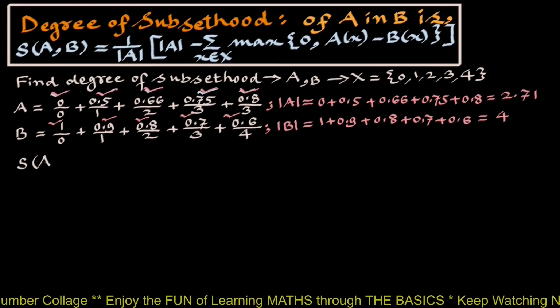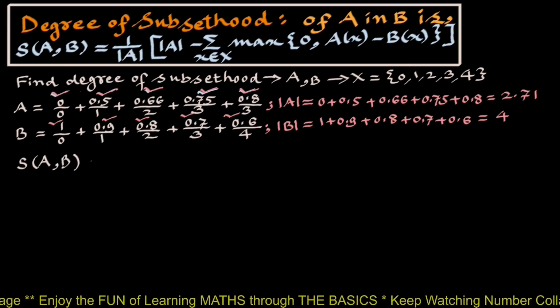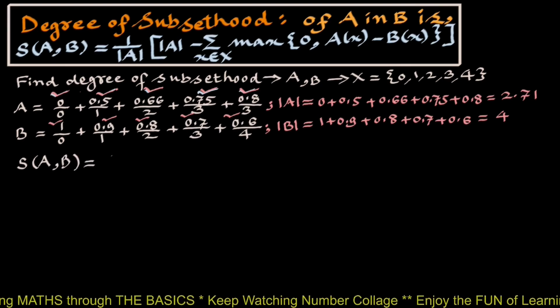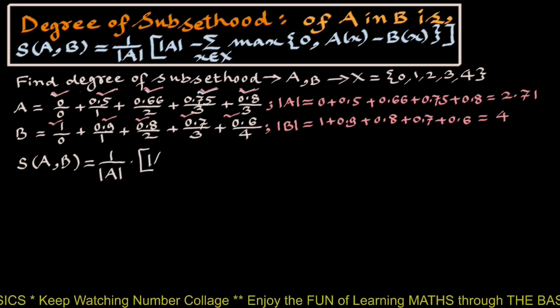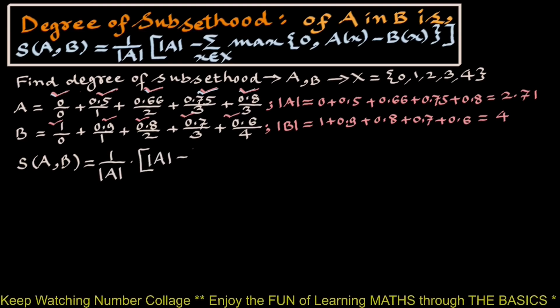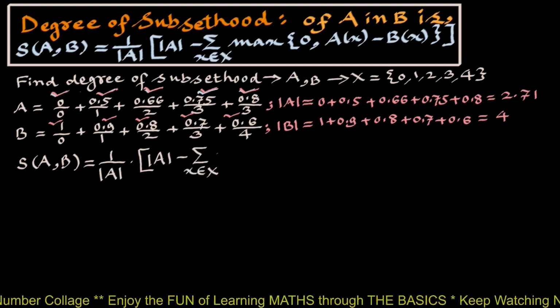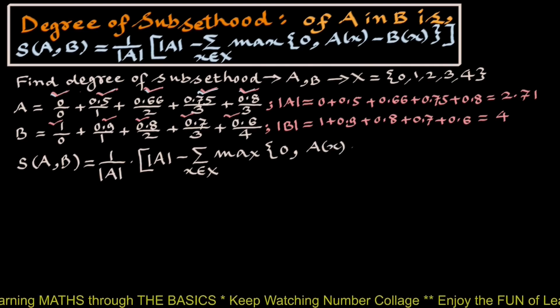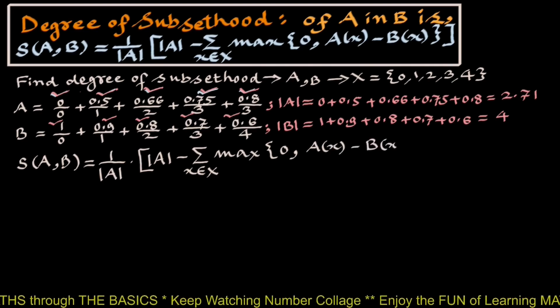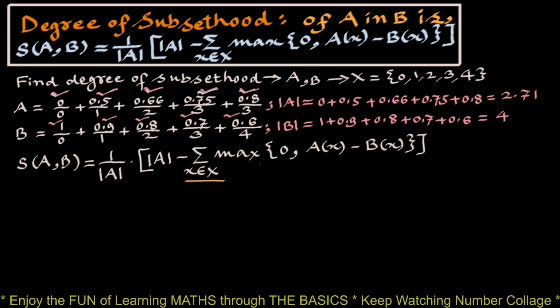Subsethood of set A in B as given above is 1 upon scalar cardinality of A into scalar cardinality of A minus summation of maximum of 0 and difference A of x minus B of x. We will find out this part separately.